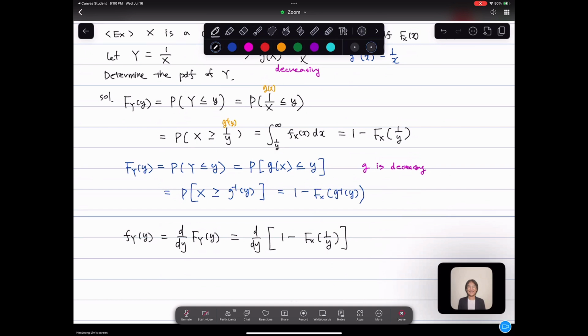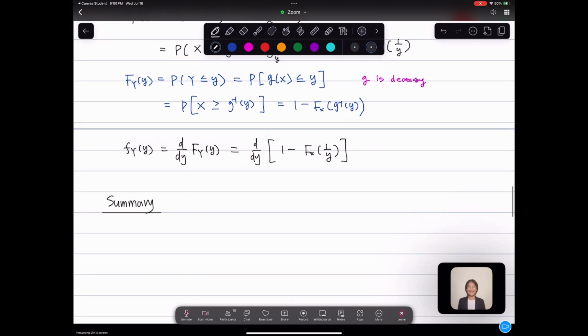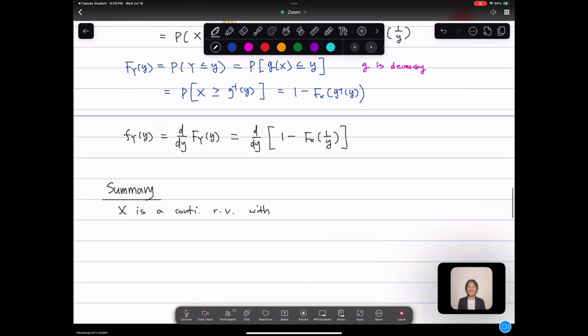So that's the general form. Let's make a summary of this. What does that mean? Let's summarize what we have. X is a random variable with its PDF, f of x, and CDF, big F of x.